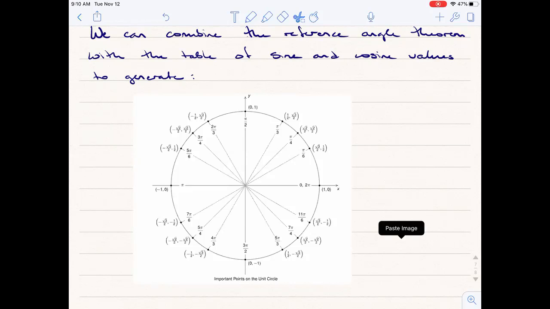And so we really only need to narrow it down to the first quadrant, and then we can know what the whole circle looks like. And I think this circle is on that trig formula sheet that I gave you as well. And I think it's the same.